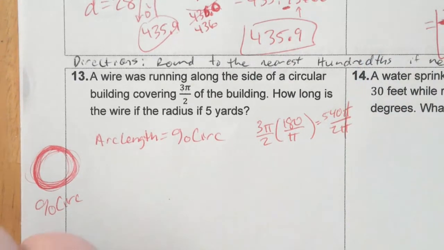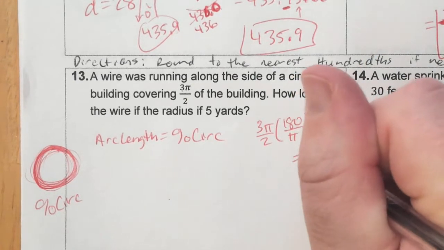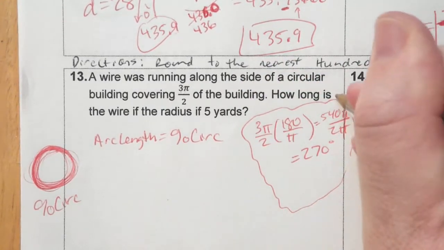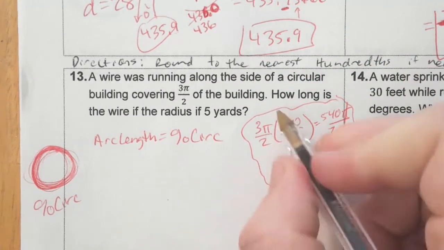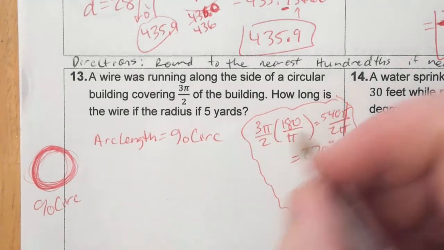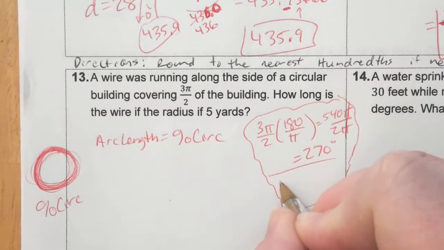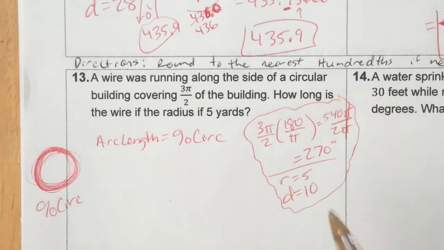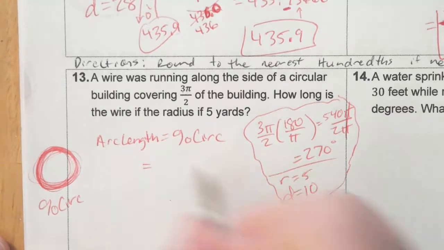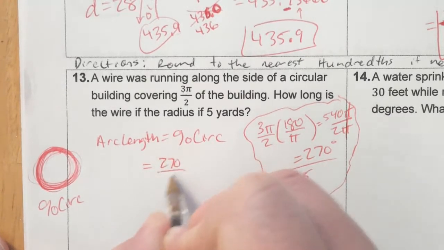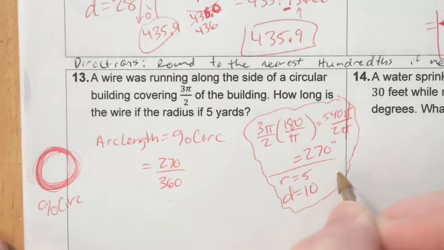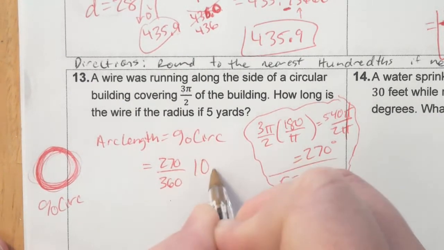The pi's cross out, and you get 270 degrees. In addition to that, they said, how long is the wire running if your radius is 5, so then our diameter would have to be 10. So percentage would be the angle, 270, over 360. And circumference is d pi, so that would be 10 pi.